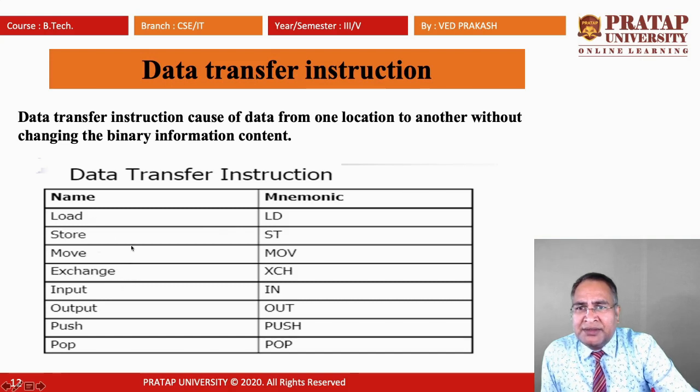These are those types of instructions in which, when data is transferred from one location to another, there is no change in the binary information content. It means there is no change in the sequence and there is no loss of bits.